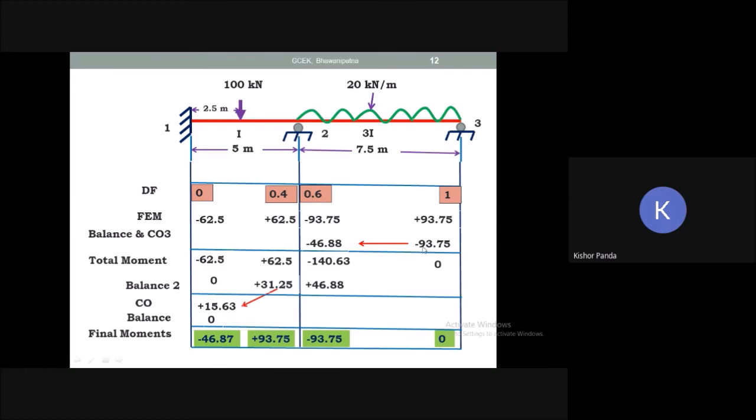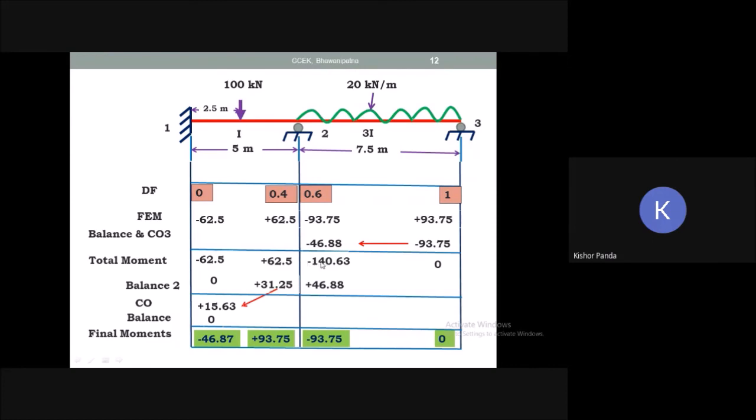Then after balancing and carryover of joint 3, you draw one line and take the sum of all the moments. Here you write minus 62.5, here plus 62.5, and here you take the sum of these two moments, minus 93.75 and minus 46.88.